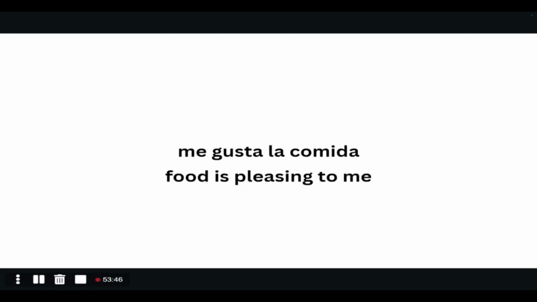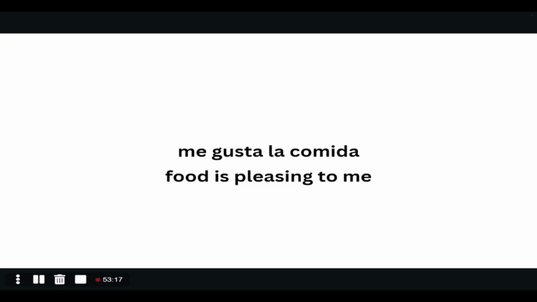So, me gusta la comida. The food is pleasing to me, right? I like food, but the direct translation is food is pleasing to me. I put food is pleasing to me instead of the English translation because this more direct translation helps you to think how you need to think to understand the verb gustar.